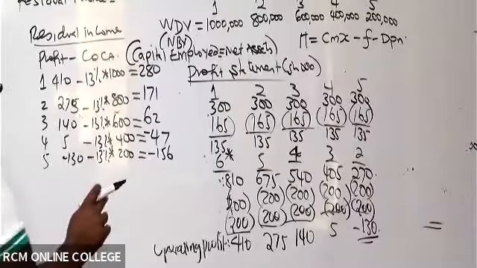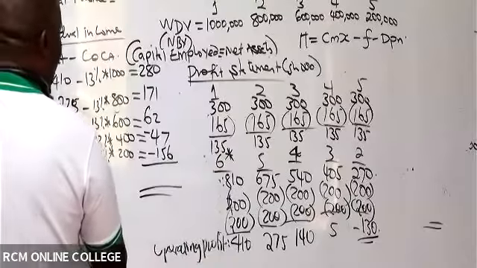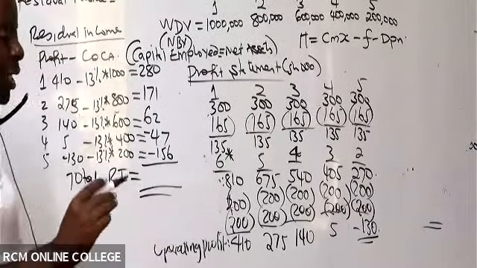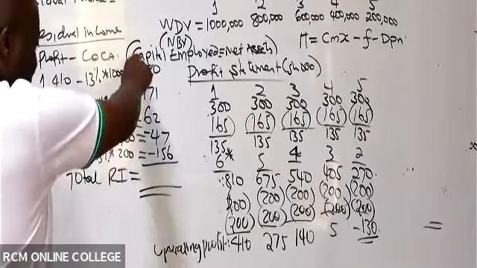Should they ask us to give them the average residual income, then first of all, I will give them the total residual income by doing the summation here.